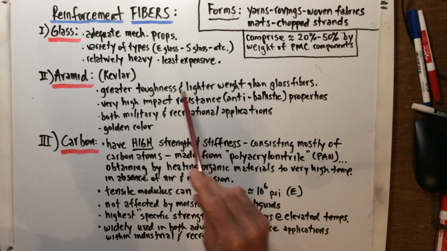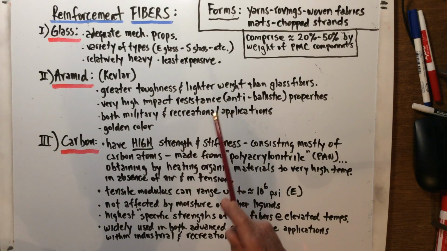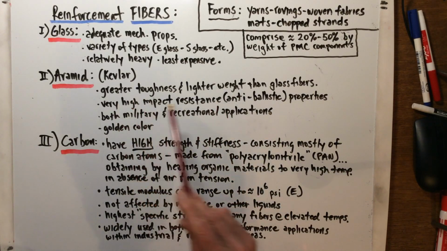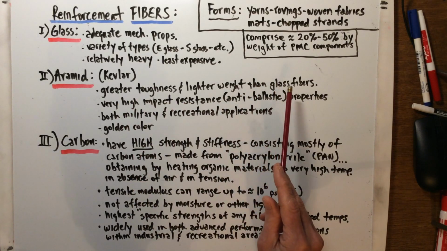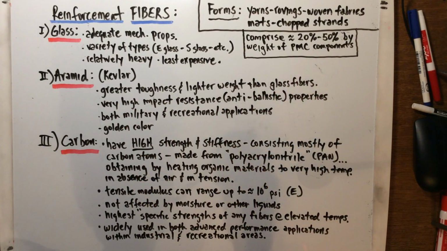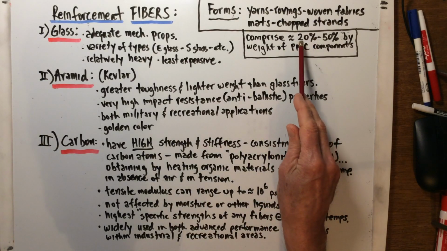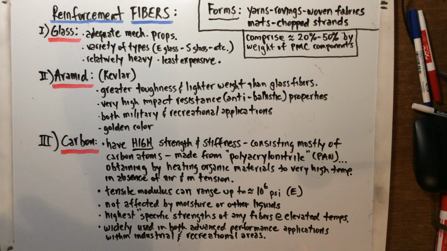Now, typically in a PMC composite structure, the actual reinforcing fibers usually make up about 20 to 50% by weight of that PMC. Sometimes a little bit higher, but traditionally approximately between 20 and 50% by weight, the fibers inside of a PMC product.